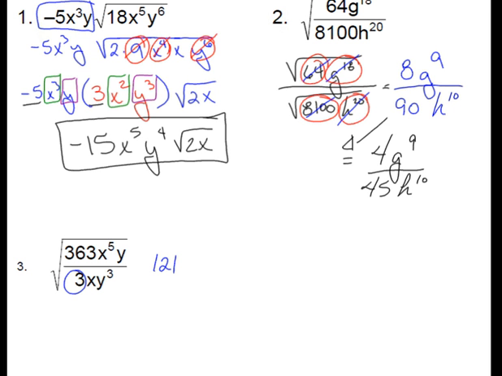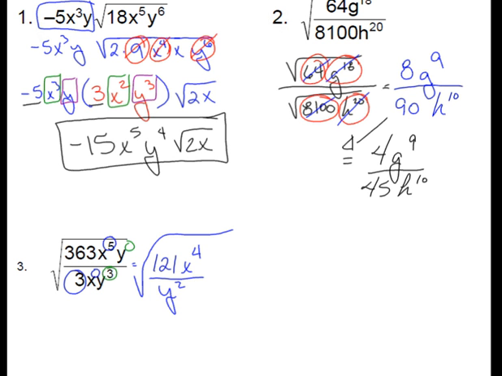Here, I have x to the fifth on top and x to the first on bottom. So if I have 5 and I'm going to take 1 away from them, I now have x to the fourth power. With my y's, I've got more y's on the bottom than I do on the top. So this becomes y to the second on the bottom, and this is all still under my radical.